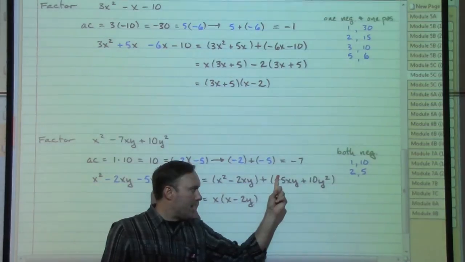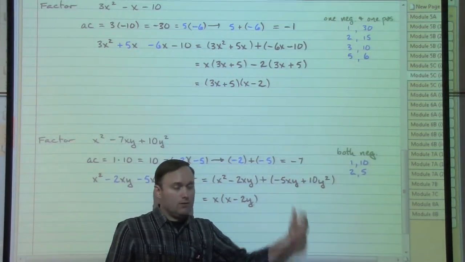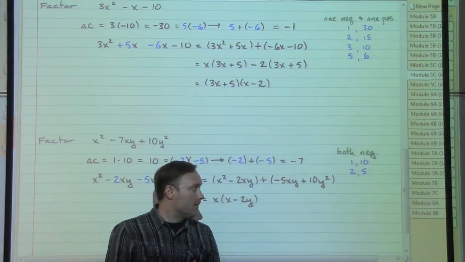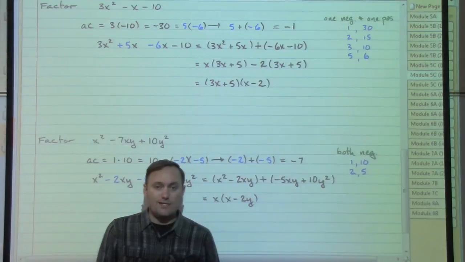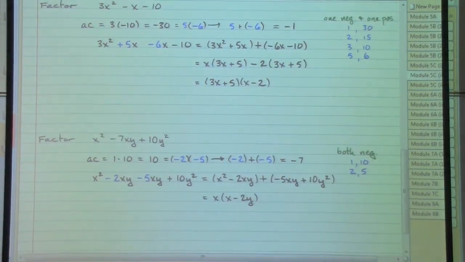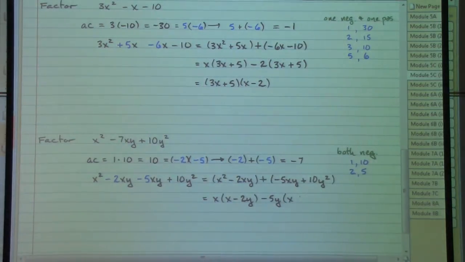Right now, I'm looking at a negative, a 5, an x, and a y. Well, that's even quicker than what we'd seen before. If all I want to see showing up in parentheses is an x, then I am going to need to have removed the negative, the 5, and the y out to the front, so that only the x will show up. And let's make sure that the other part of that would also work out properly.